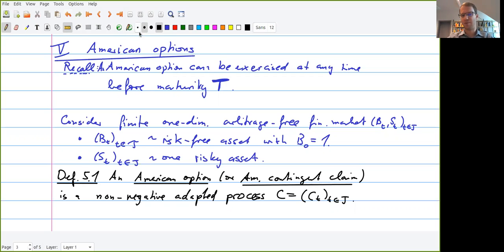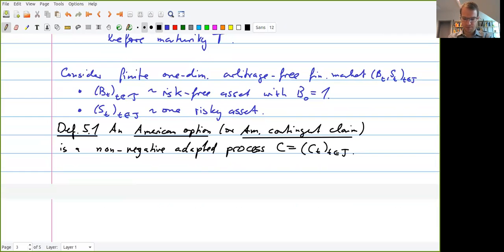And adapted, well, this is the idea that the payoff at time t is determined by the prices up to time t. And as before, we also have the discounted one.